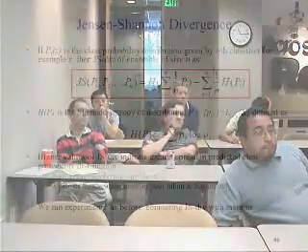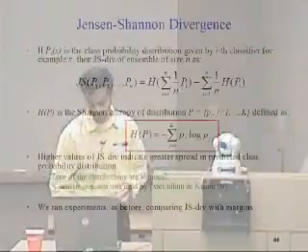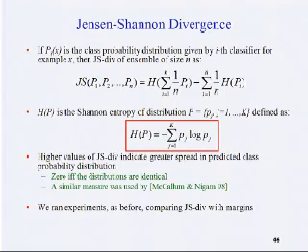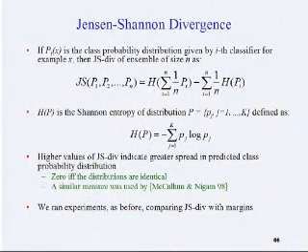So a little more detail: given P_i(x) as the class probability distribution predicted by the ith classifier for an example x, we can compute the JS divergence of an ensemble as the entropy of the mean distribution minus the mean of the entropies of the different distributions. I won't go into the details here, but basically higher values of JS indicate a greater spread in the predicted class probability distributions, and the JS divergence of a set of distributions is 0 only if the distributions are identical.